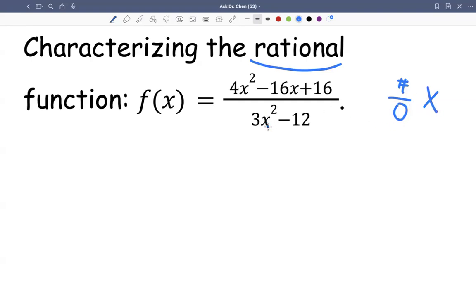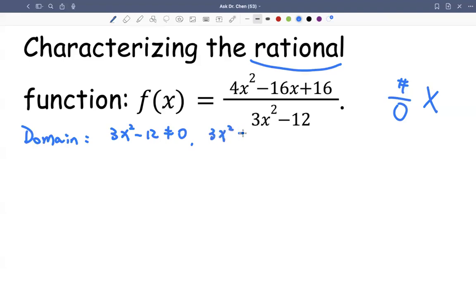So in this case, we recognize if x equals 2 or -2, then the square of 2 or -2 is 4. 3 times 4 will be 12. 12 minus 12 will cause 0 in the denominator. So the domain of this function will be 3x squared minus 12 not equal to 0.